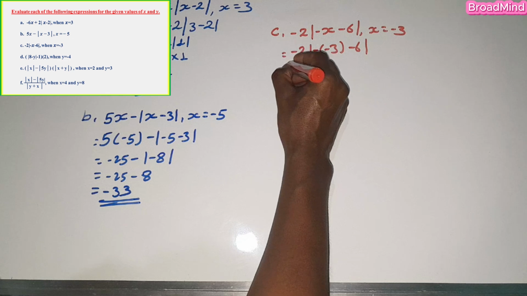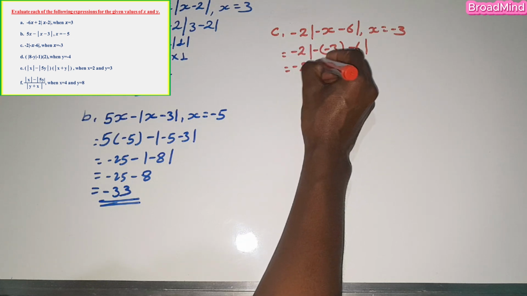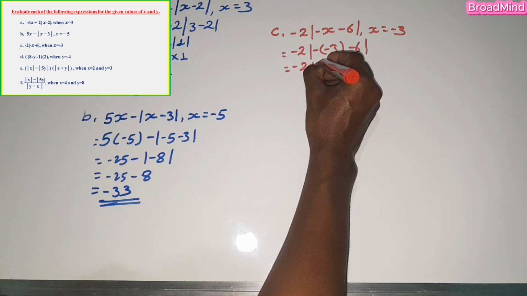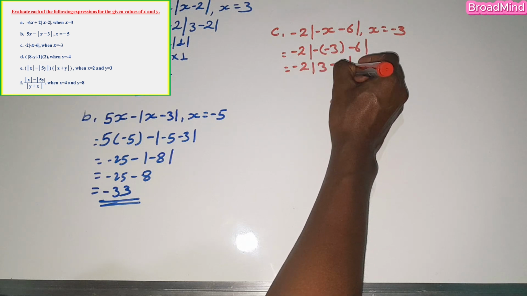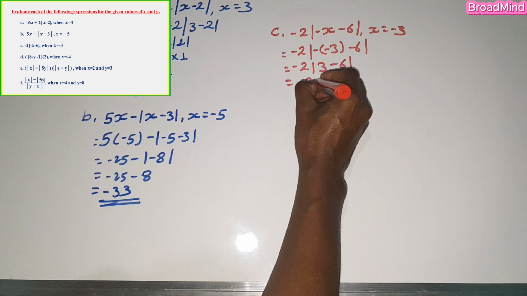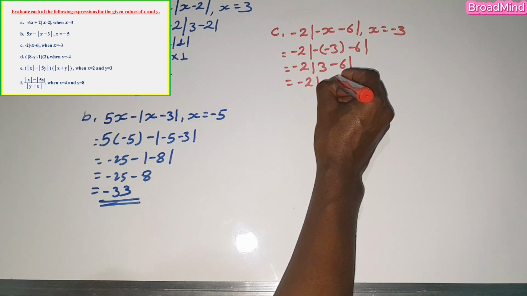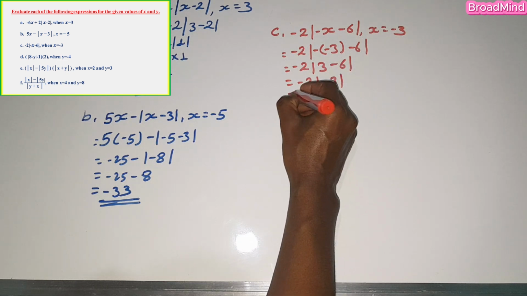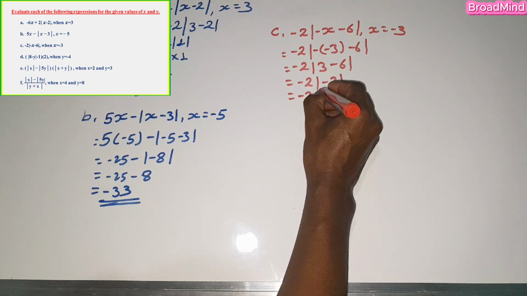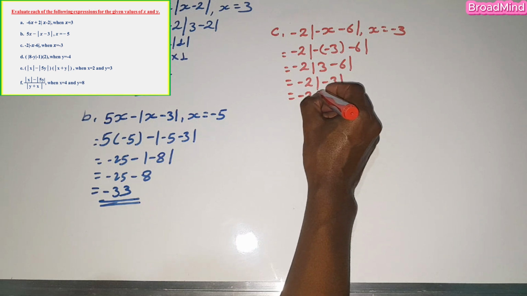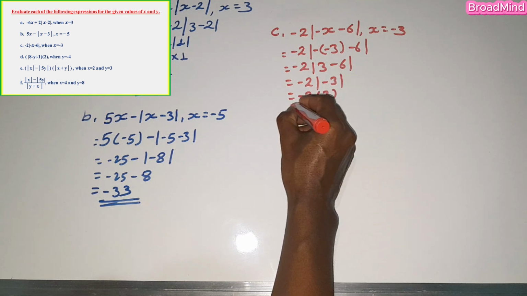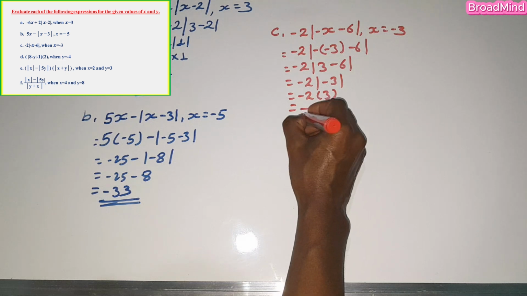Negative multiplied by negative is positive 3. Then negative 2 absolute value of 3, minus 6. Now negative 2 times the absolute value of negative 3, which is positive 3, is negative 6, so this is equal to negative 6.